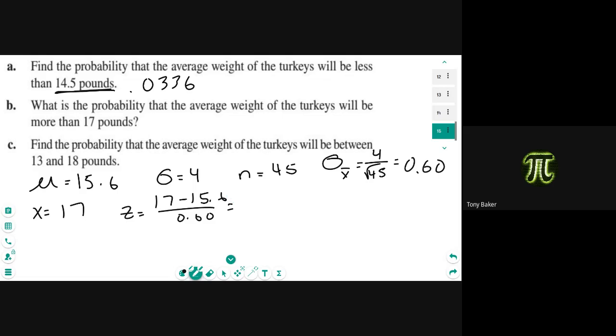Between 13 and... well, you found B? Yeah. Okay. So you have to do it twice. You do 13 and 18.